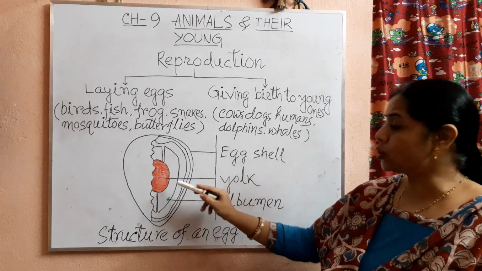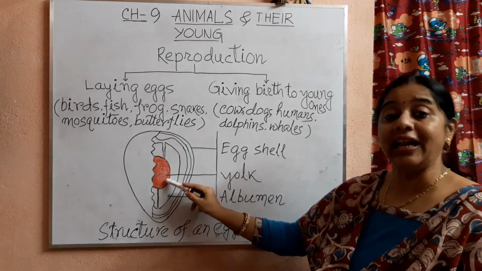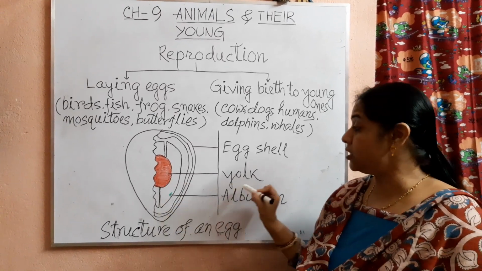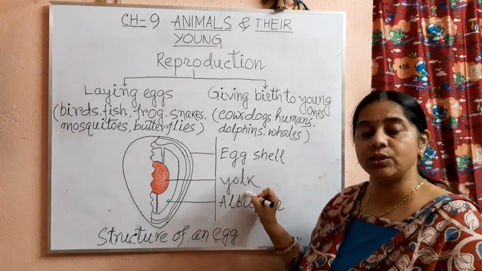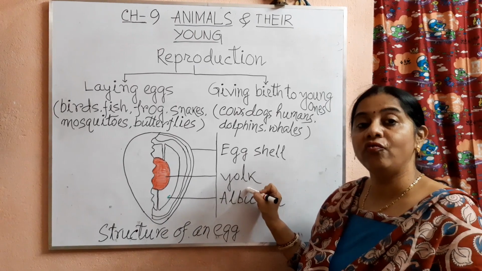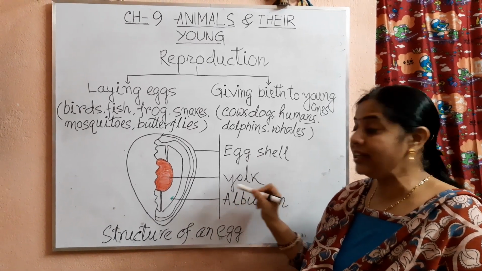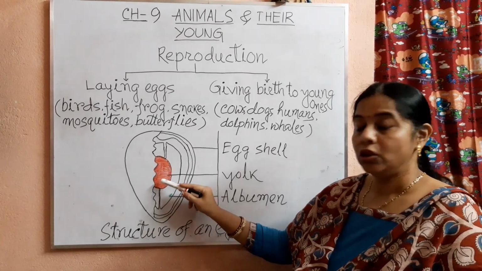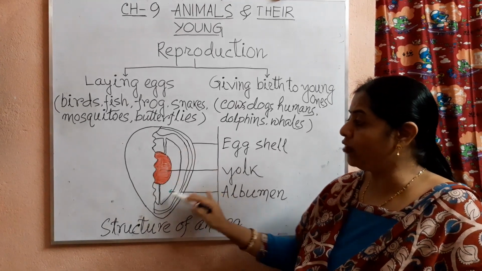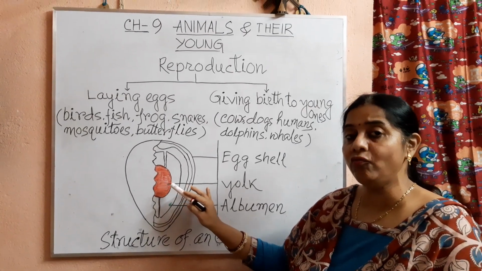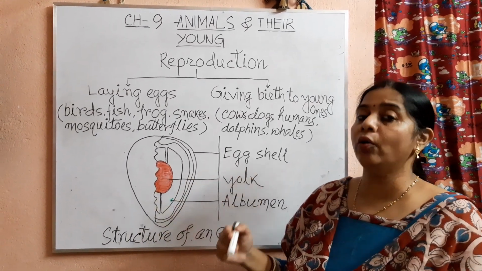The innermost part, which is yellow in color, is known as yolk, and the yolk is rich in fat, minerals and vitamins. This is yellow in color. To separate it from the whole figure, I color it red, but remember this is yellow in color. All of you know the yolk is yellow in color.